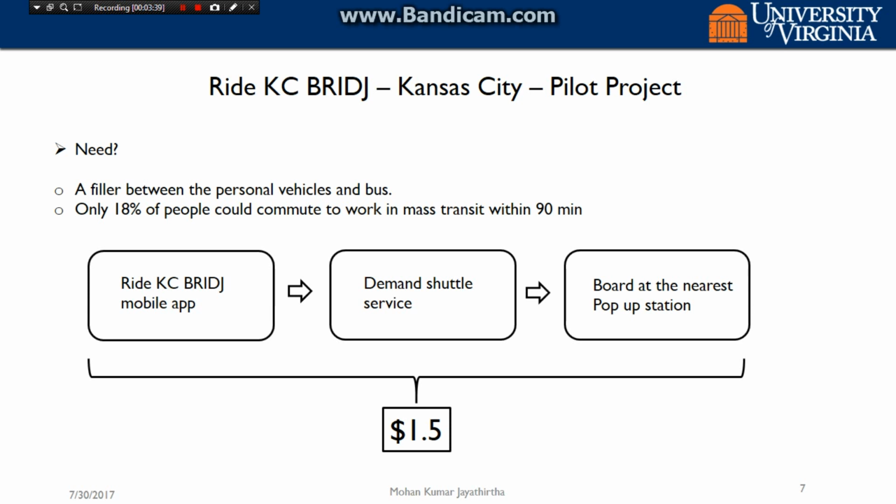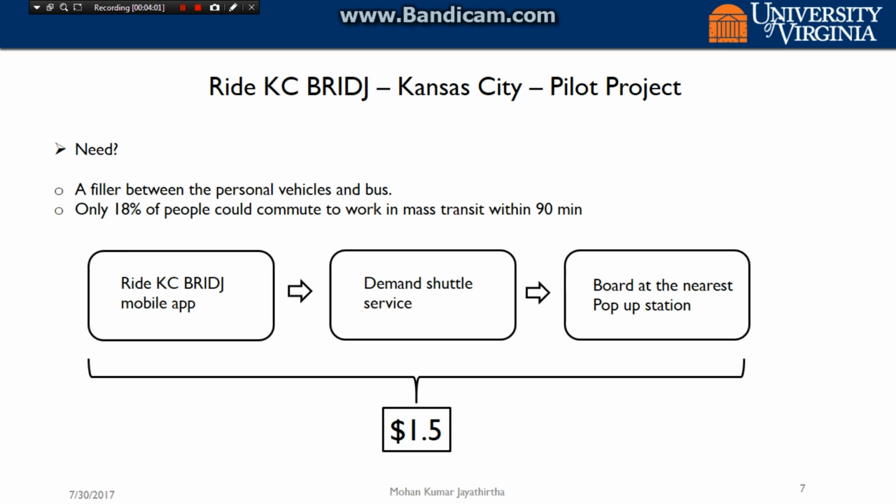So how did Kansas City RIDE-KC BRIDJ work? They had a mobile application through which users could request a ride, and the demand shuttle service was sent back to the user with the details of the shuttle, the time, and the pickup location.